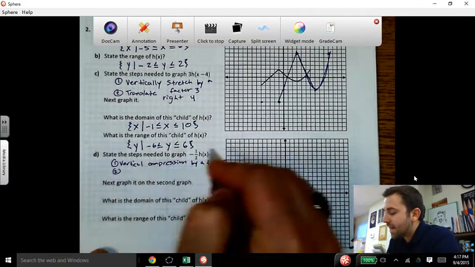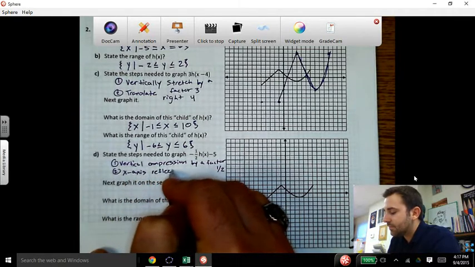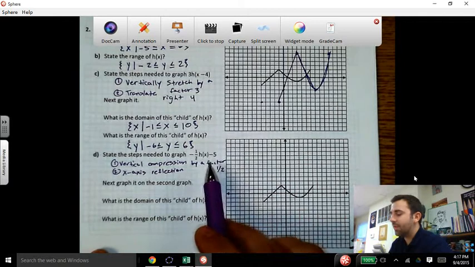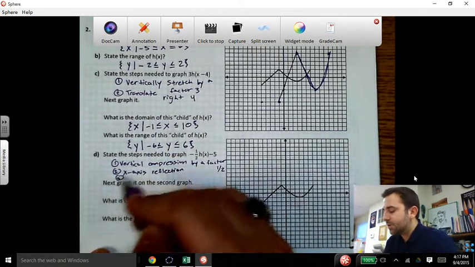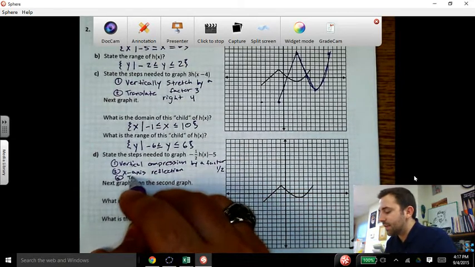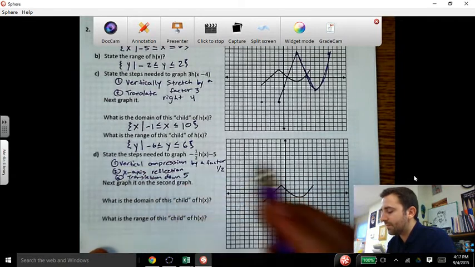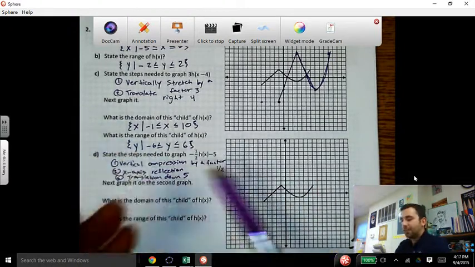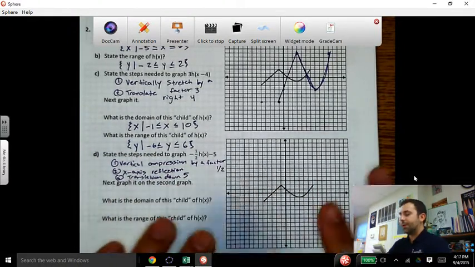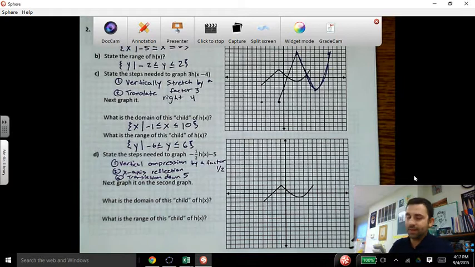The negative causes it to be an x-axis reflection, with the minus 5 outside of the argument serving as a translation down 5. And so now that we've defined what transformations are happening to this function, you on your own can graph these transformations and then state the domain and range of this child of h of x, which is just the transformed function.